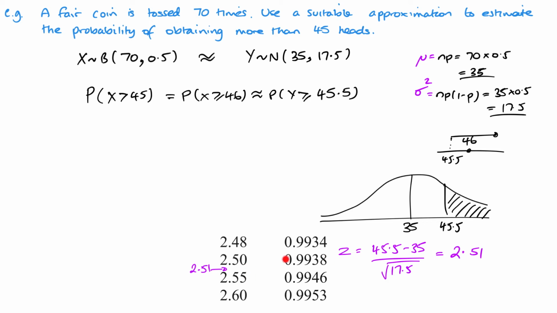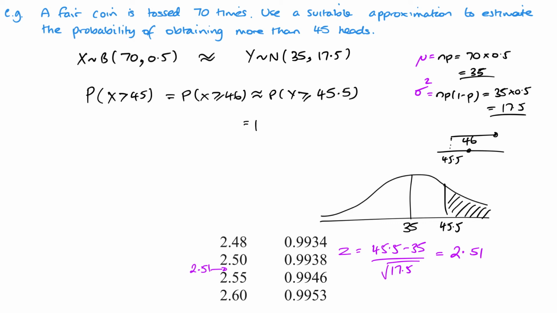Once I got that value, I added it onto this one. So that gave me a Z value of 0.99396.